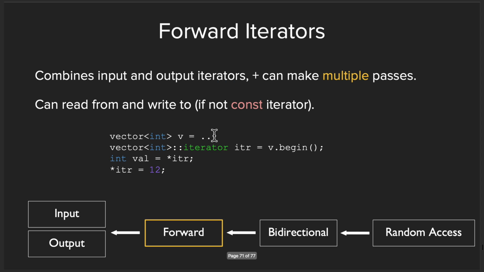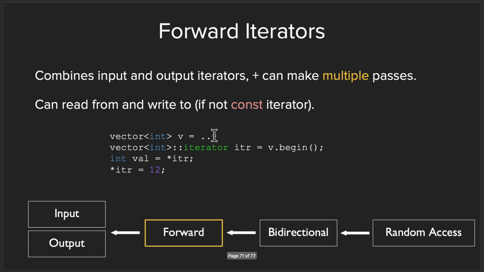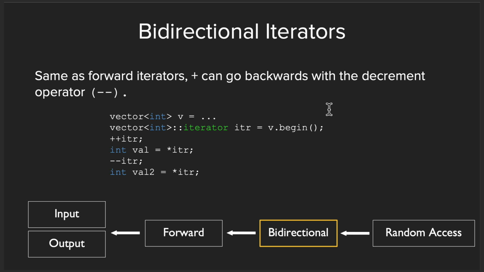Okay, so that's forward. Almost done. Last two. Bidirectional iterators: everything a forward iterator can do, plus the decrement operator. The forward iterator, even though it had multiple passes, couldn't ever go backwards.